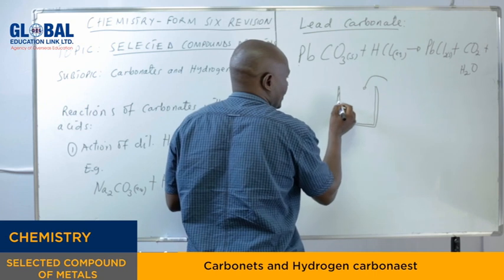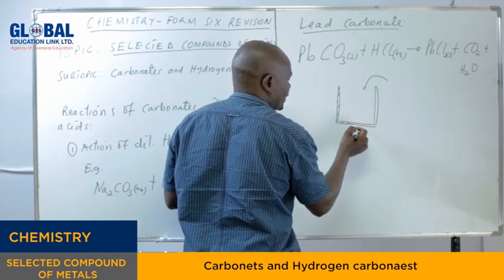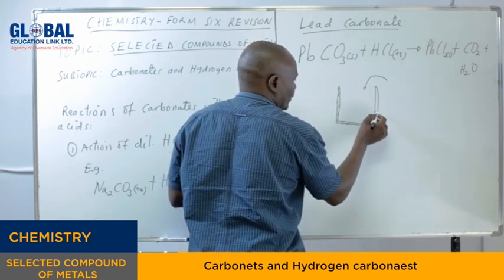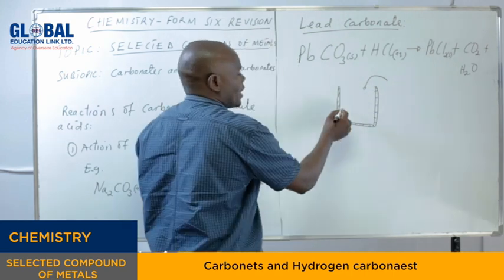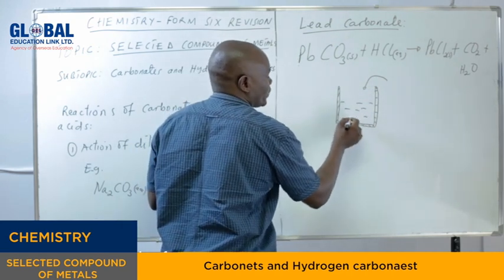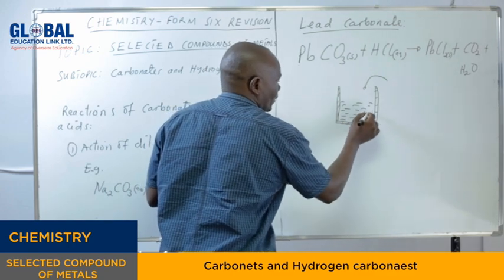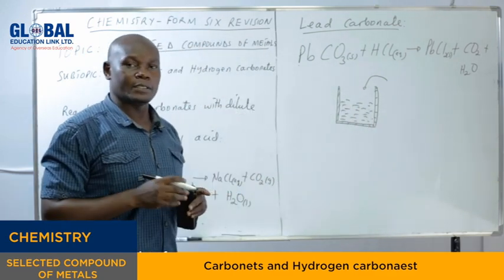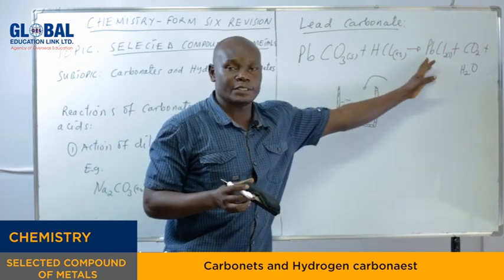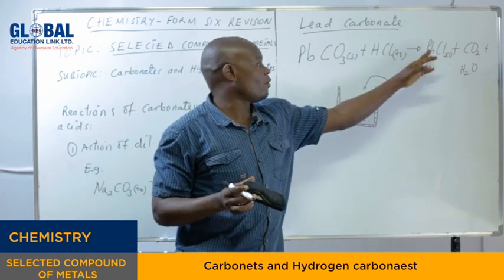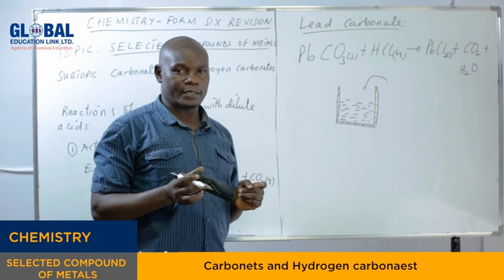That coating layer will prevent further reaction. As a result, an acid can be carried from one point to another using lead carbonate. The reason is the formation of a coating layer of lead chloride.